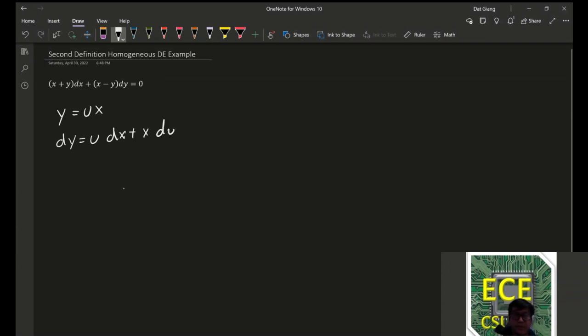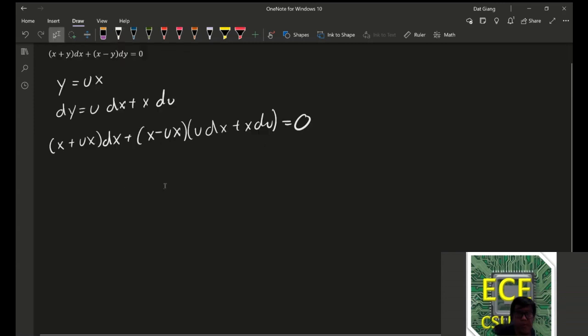Now, we have the following. We substitute wherever there is y with ux, and then we have (x minus ux) times (u dx plus x du) equal to 0.